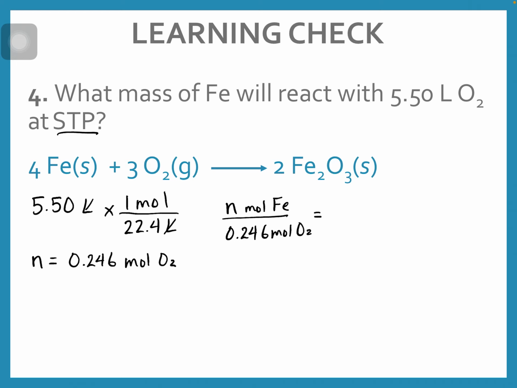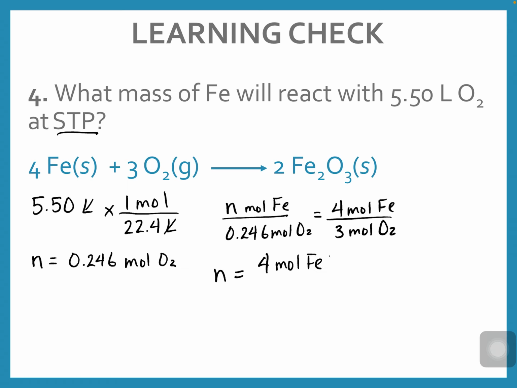So from my balanced equation, I need iron and then oxygen. So iron is 4 moles for every 3 moles of oxygen. So my number of moles of iron is equal to 4 moles iron times 0.246 moles of oxygen divided by 3 moles of oxygen.